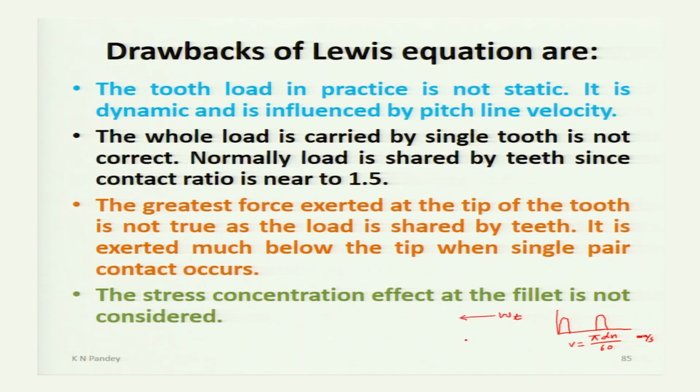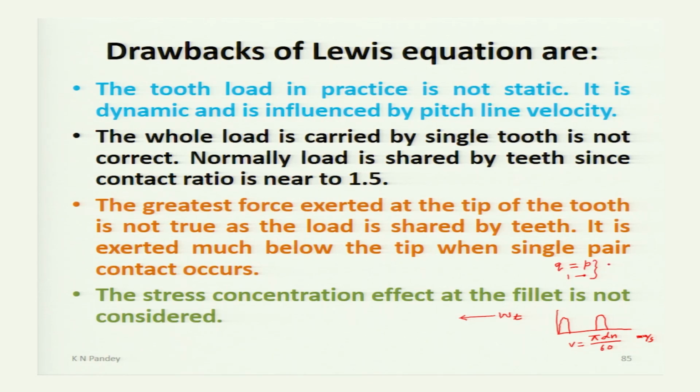The next thing is that the assumption that the whole load is carried by a single tooth is not correct. When the contact ratio becomes equal to 1, then there will be no load sharing and a single tooth will carry the complete load. But this is not the case.